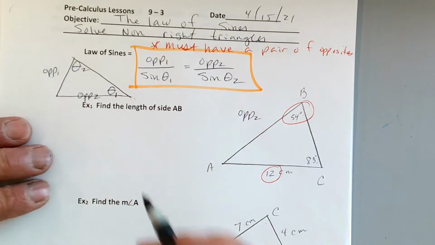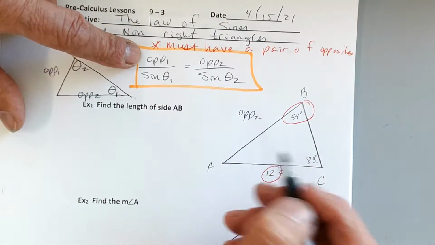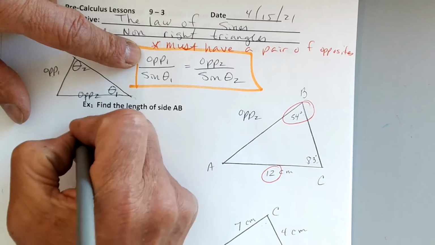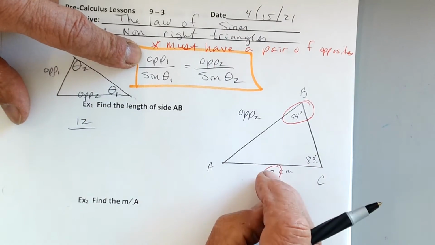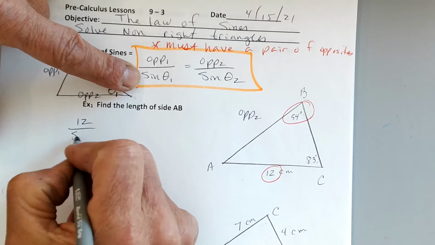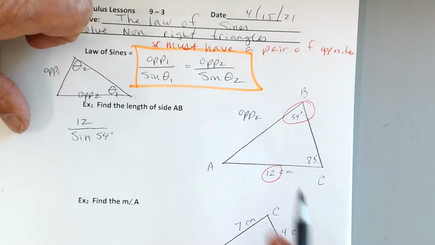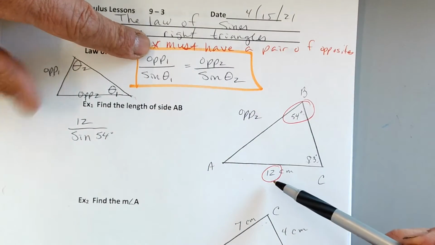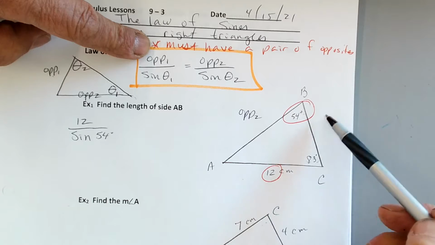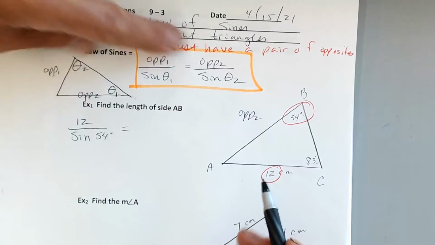So using the formula, I'm going to set up opposite 1, so I'll go 12, over the sine of 54. Okay? The formula says opposite 1, that's the 12, that's side, over the sine of its angle, equals opposite 2.